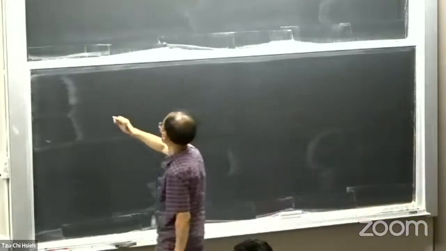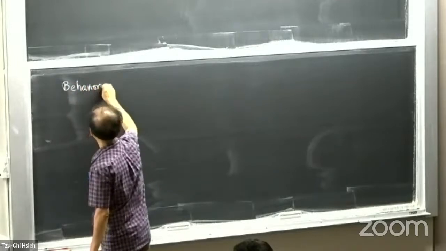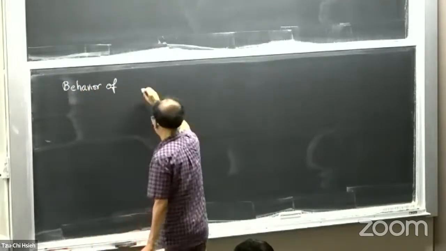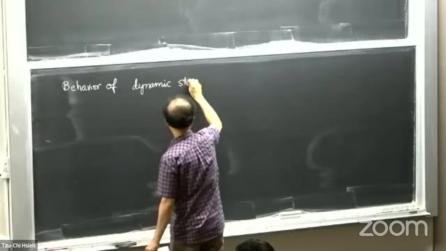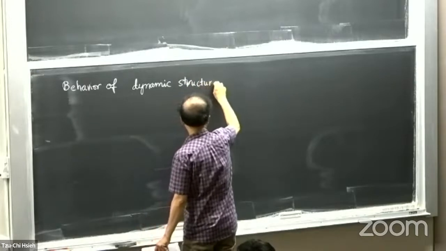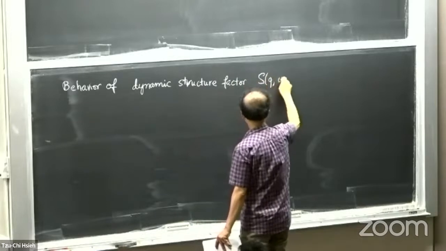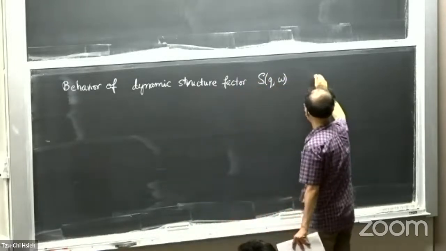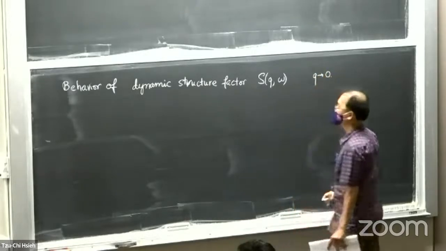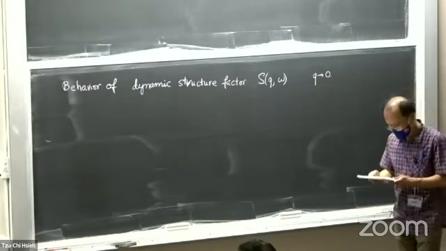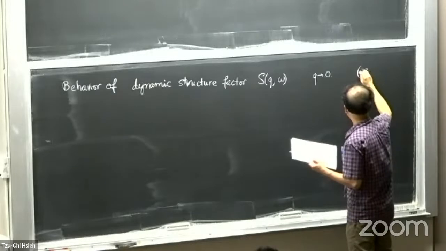That is the behavior, we are going to derive the behavior of the dynamic structure factor S(q, omega) in the limit q goes to 0. That I think was first known around 1986.